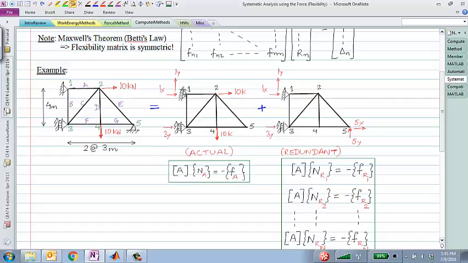So I will break it up into 2 parts: an originally determinate truss, which I'll call the actual truss, and a redundant truss, which is those 2 redundant forces applied at the correct locations.